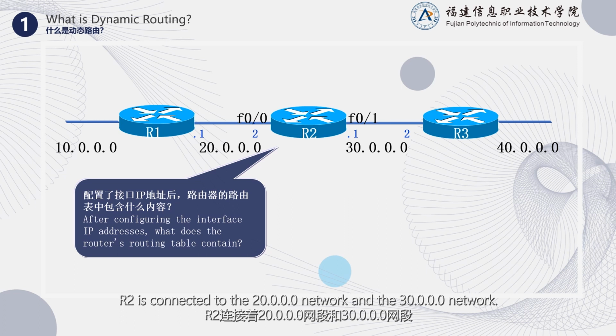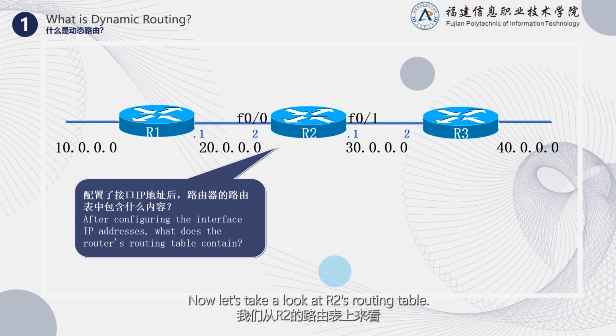R2 is connected to the 20.0.0.0 network and the 30.0.0.0 network. R3 is connected to the 30.0.0.0 network and the 40.0.0.0 network. Now, let's take a look at R2's routing table.